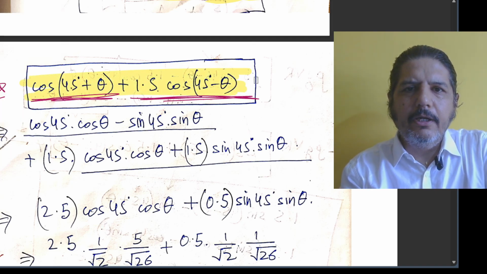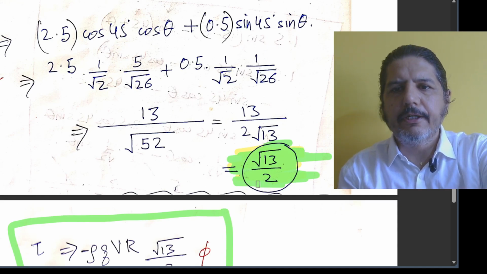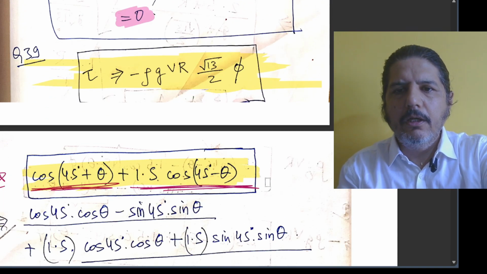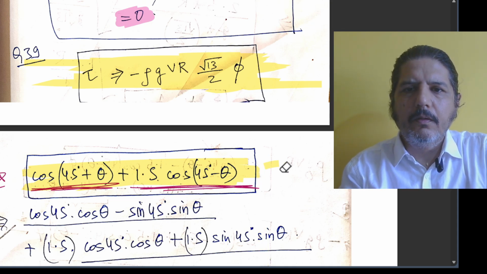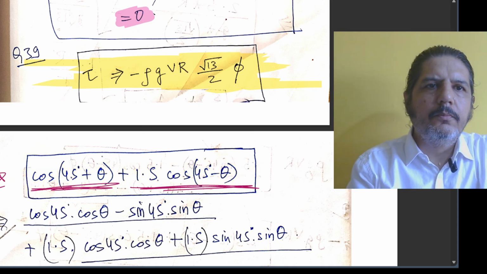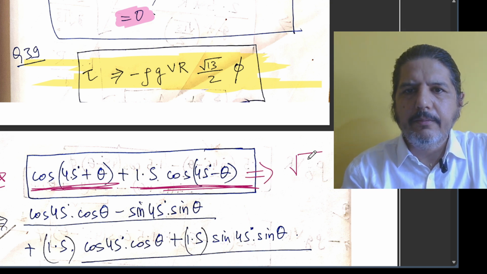I've done the working. You can look at the working. Whole of this is the working, and finally this is equal to root 13 by 2.